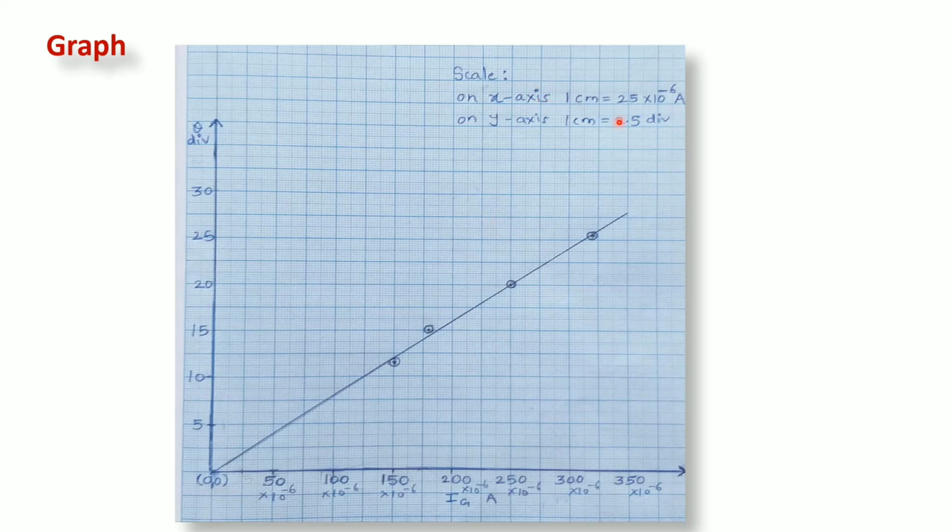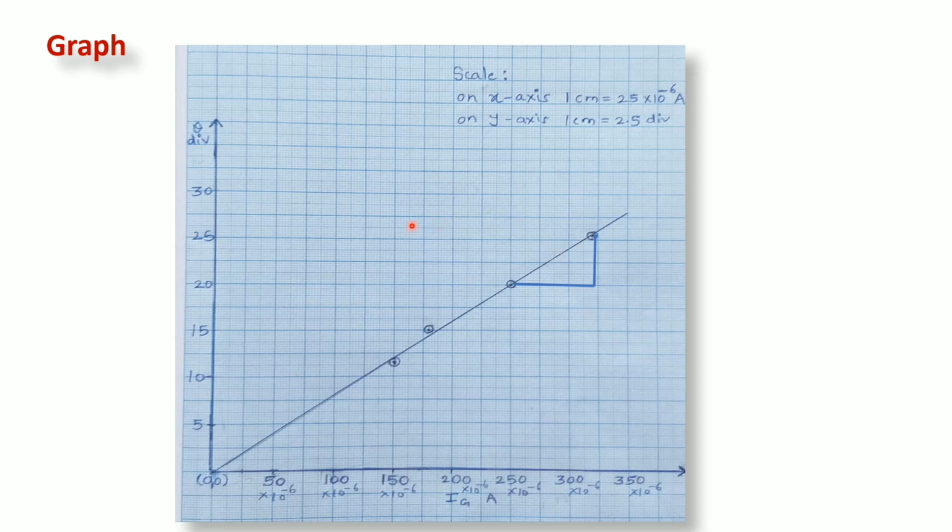Next we will calculate the slope of the graph, which is nothing but y2 minus y1 upon x2 minus x1. So we will choose any two points on this graph line. Here I have chosen two points on the line. We will find out their coordinates. The coordinate of this one will obviously be 320 microampere, this is the x coordinate, and the y coordinate will be 25.5. Then the x coordinate of this will be 250 microampere, and the y coordinate will be 20 divisions. Clear?